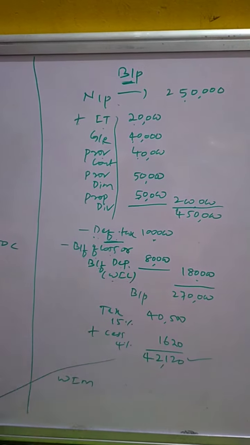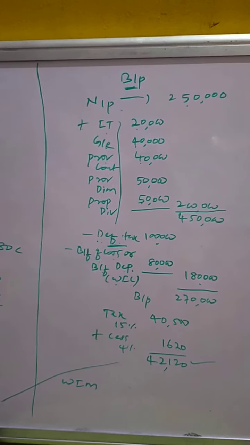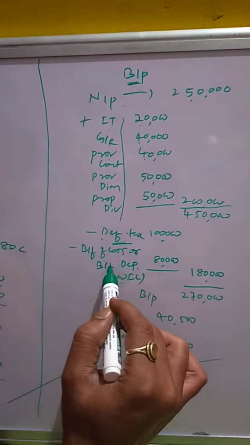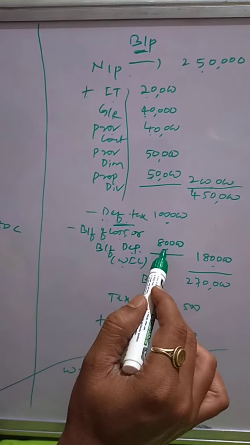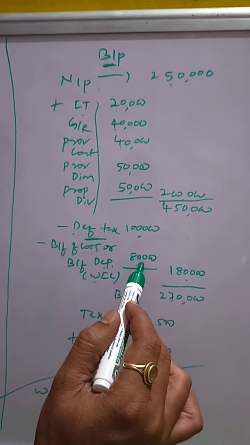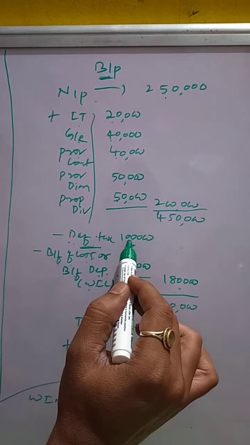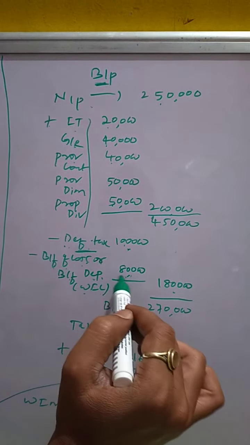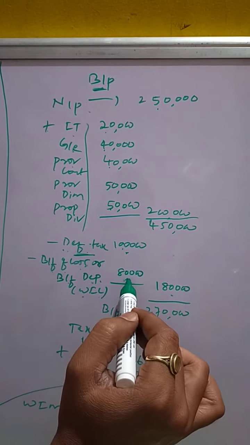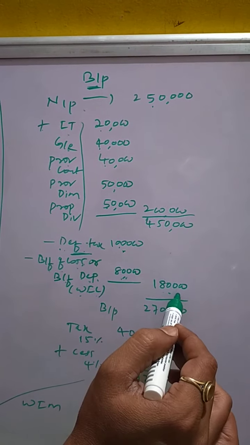So how much is the loss? Brought forward loss is 1 lakh. Brought forward depreciation is 80,000. Which is less? 80,000 is less. So deferred tax 1 lakh plus brought forward 80,000, total 1,80,000.